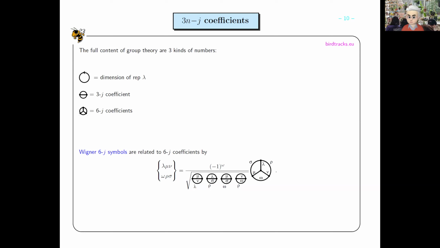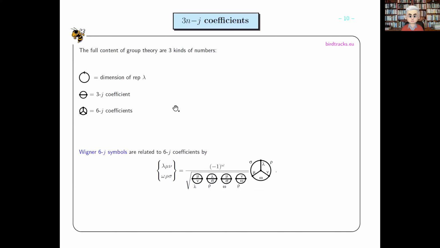It says any group theoretical calculation is expressed in terms of three numbers: a trace of the representation, that's called the dimension, or the three-vertex, two particles kind of squared, that's called the 3j coefficient.